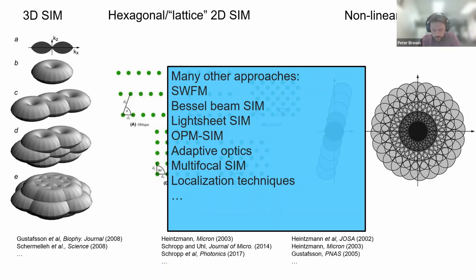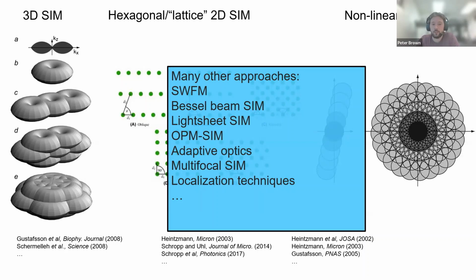And finally, I should say that SIM is a popular super resolution technique because it makes relatively few requirements on your samples compared with other approaches. For example, it doesn't require any specific photophysics. It's not a scanning technique, so it can also be quite fast.